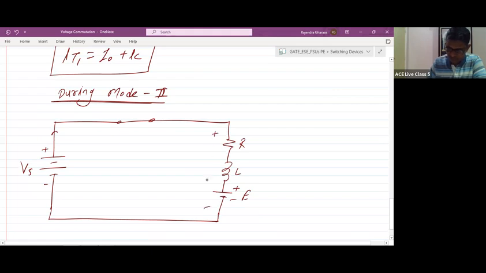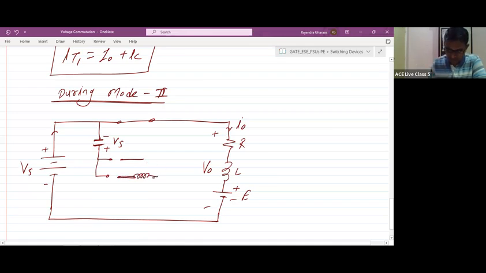This voltage is V0 and this current is I0. The freewheeling diode will be in the off state. The capacitor has charged to the reverse polarity, so the capacitor voltage will be minus here, plus here. This is Vs, because during mode 1 the capacitor discharged and charged to the reverse polarity. The auxiliary thyristor is in off state. Diode D will feel the reverse voltage, so diode D will be in the off state.